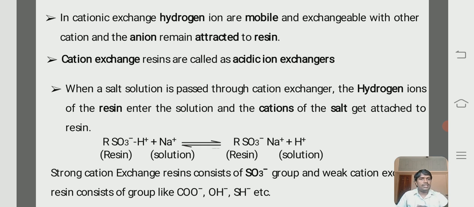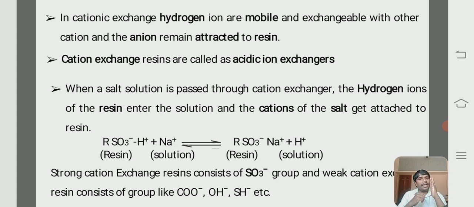You can observe in this reaction the hydrogen ions which are present in the resin exchange with the sodium ions, that is, a cation which is present in the solution. Sodium ion is attached to the resin now, and the negatively charged ions here, that is SO3 minus, are retained in the polymer matrix only. There is no change in the SO3 minus ions.